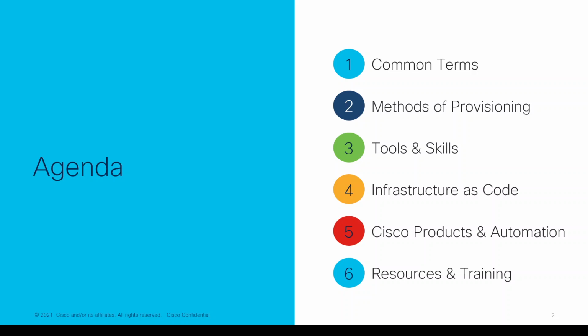And then we'll change gears a little bit and talk about Cisco products and automation, how automation is related to Cisco products and enabled by Cisco products. And then finally, we'll wrap up by pointing you at some resources and training materials that might be helpful based on the tools and skills that we discussed during the presentation.